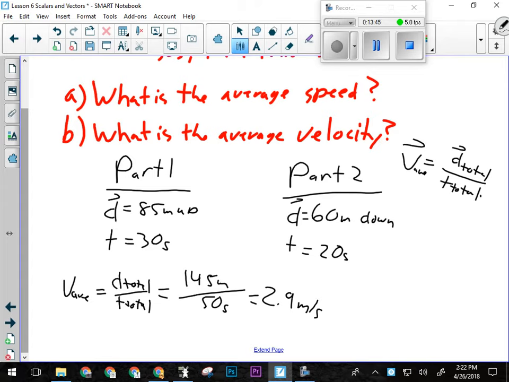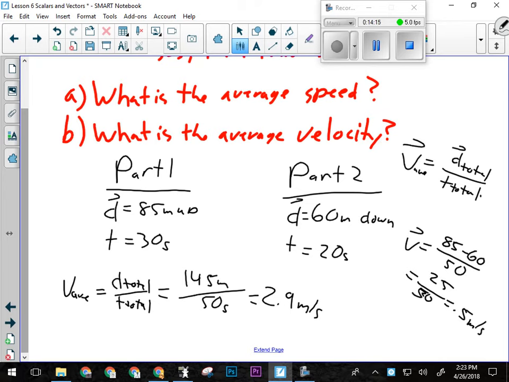What's different for part B is now I'm asked to find a vector quantity. I went up 85 and down 60, which means I'm displaced from my starting point how far? 25 meters. So to do that, v equals essentially 85 minus 60 over the total time, which is still 50 seconds. So we have 25 over 50, and that's going to be 0.5 meters per second.